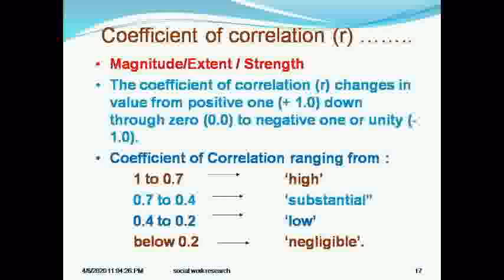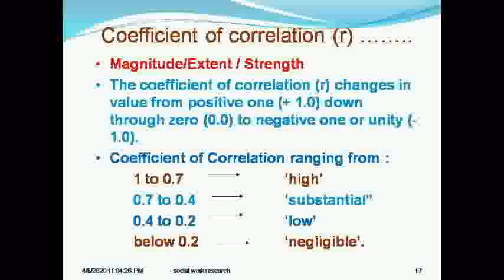So coefficient of correlation is a number which is between +1 and -1. The coefficient of correlation changes in value from +1 down through 0 to -1. So coefficient of correlation ranges from 1 to 0.